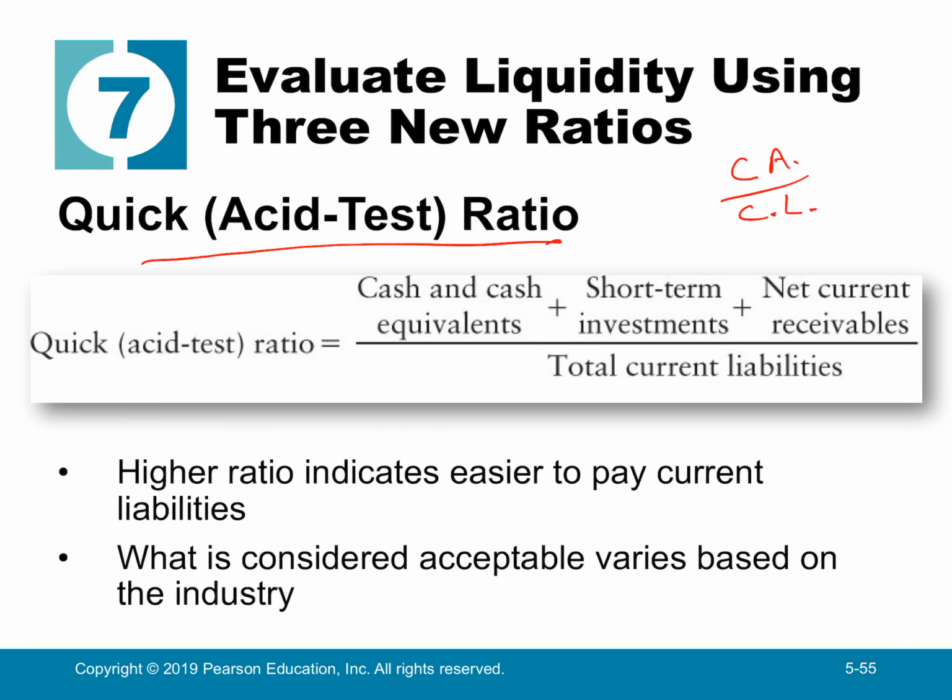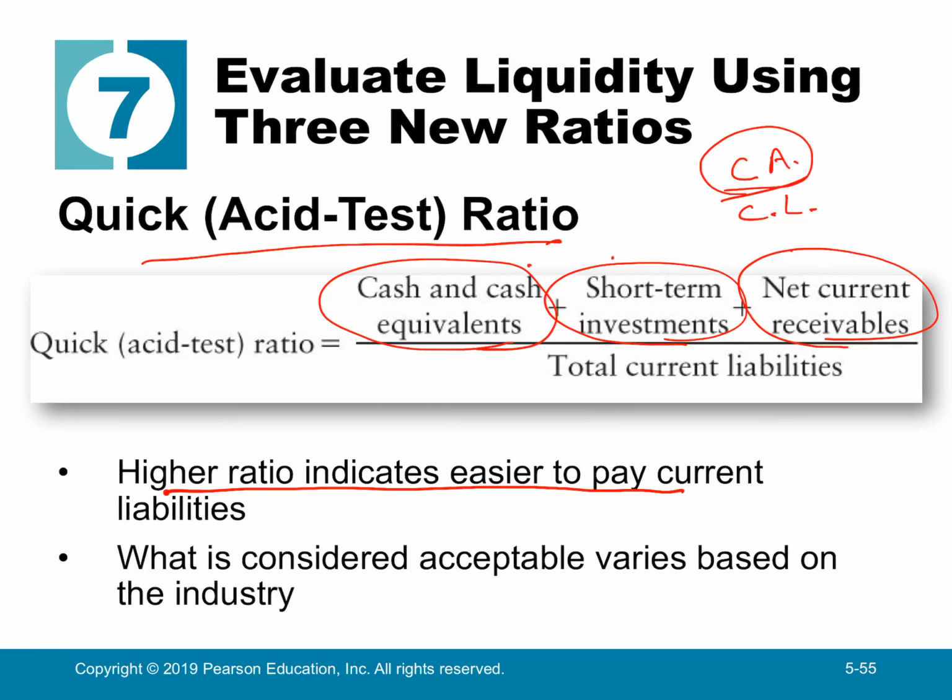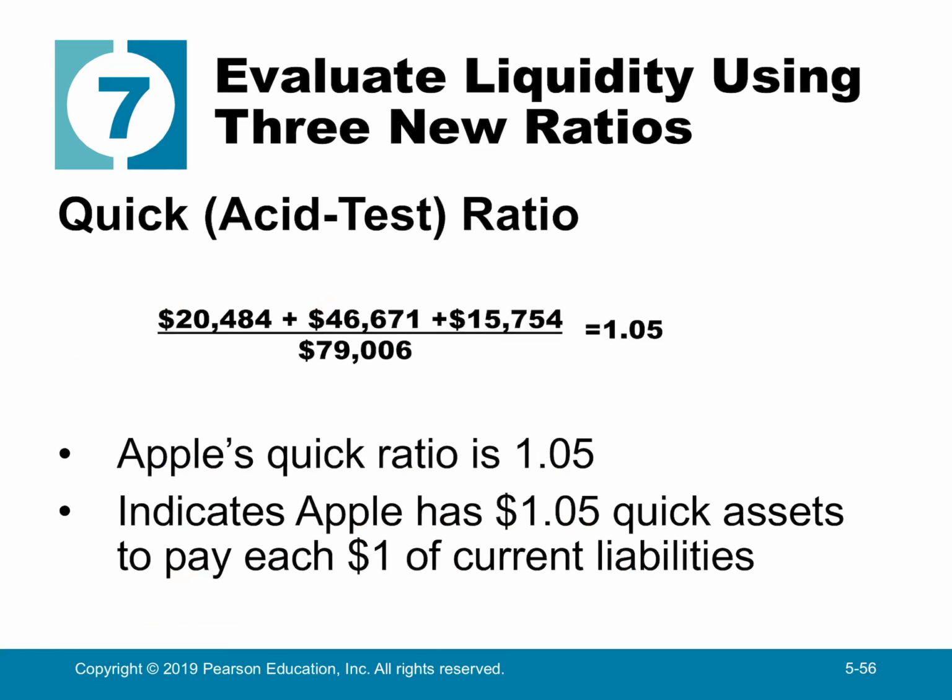Well, the quick or acid test ratio basically changes this numerator, current assets, to look at just the most liquid assets possible, basically cash, short-term investments, and net current receivables. Because those three things you can convert to cash very, very quickly, usually in a matter of days, right? So a higher ratio here indicates easier to pay current liabilities. And what's considered acceptable is just going to depend on the industry.